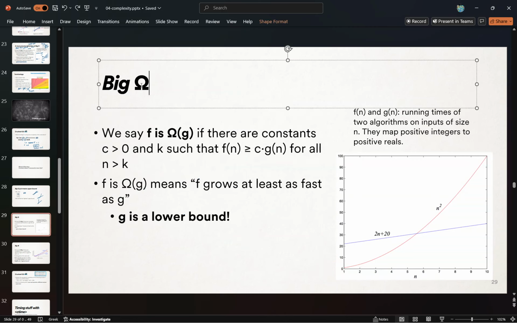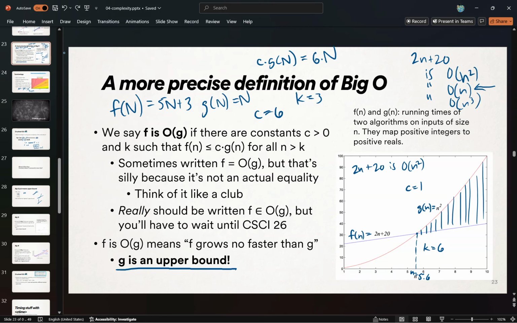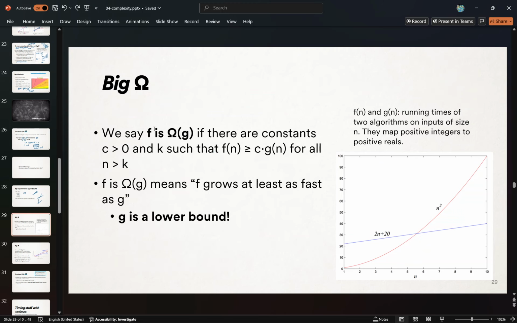But we got other Greek letters. We got big omega. Big omega is, again, the same idea. Go back to this page. f is big O of g if some things are true. Some function f is big omega of g if some other things are true. Big omega is trying to be a lower bound.